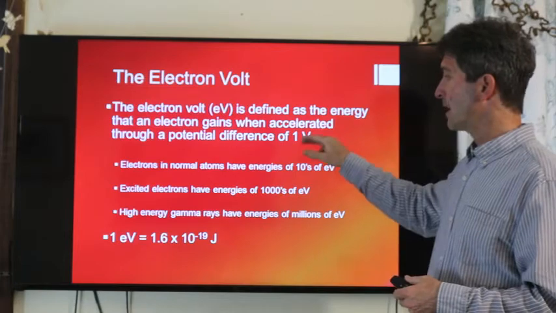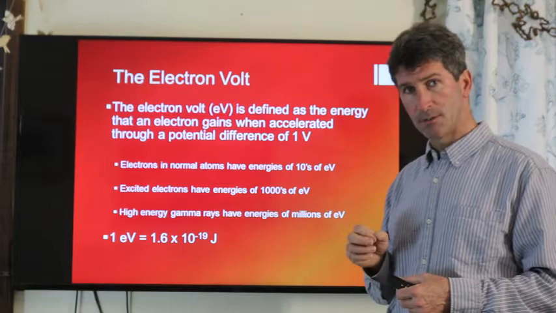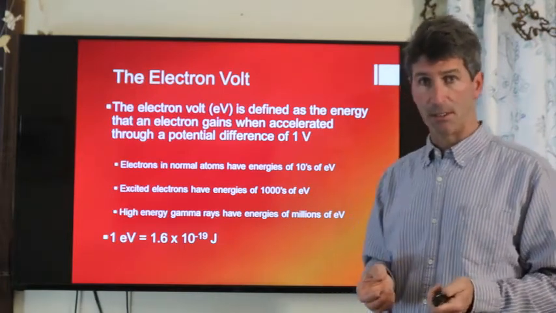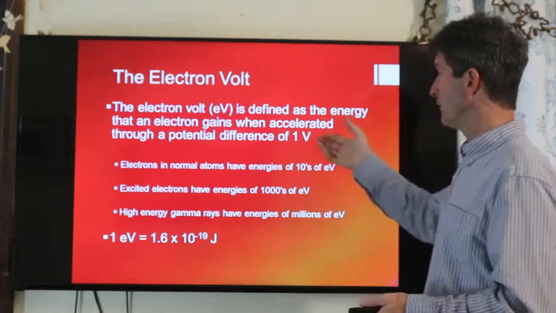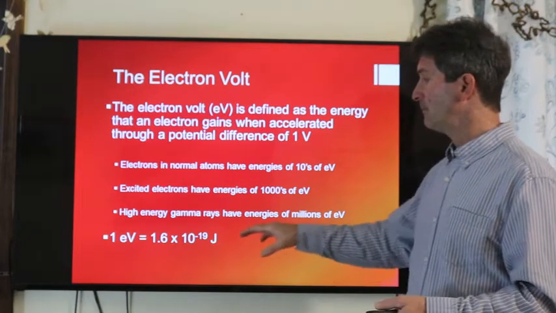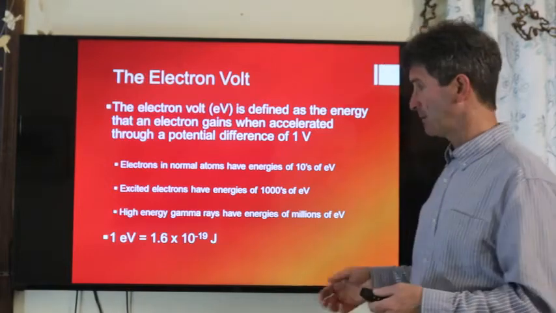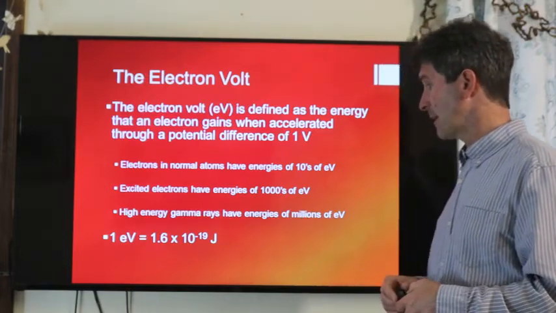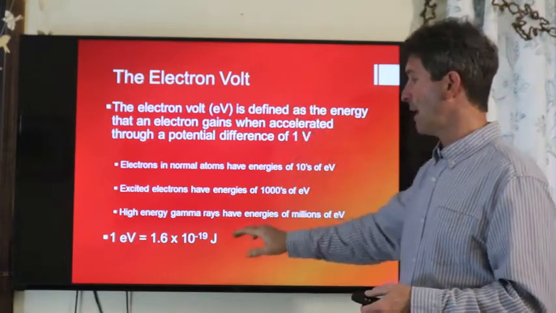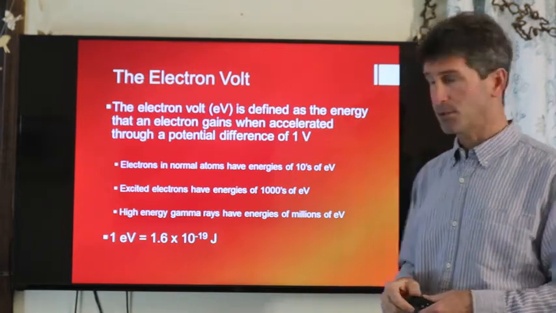If the potential difference is 1 volt, and we place an electron in this 1 volt potential difference, that electron, having a charge of 1.6 times 10 to the minus 19 coulombs, and the volt being 1 joule per coulomb, will accelerate and get a mechanical energy of 1.6 times 10 to the negative 19 joules. So an electron volt is a very, very small amount of energy. It's the amount of energy imparted to an electron if it's placed in a 1 volt potential.